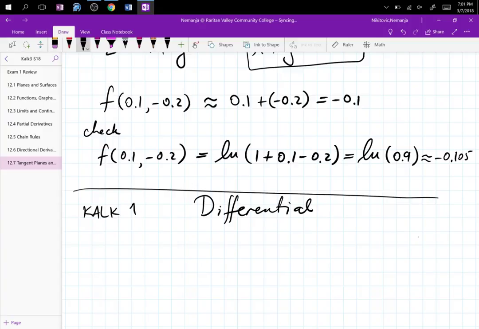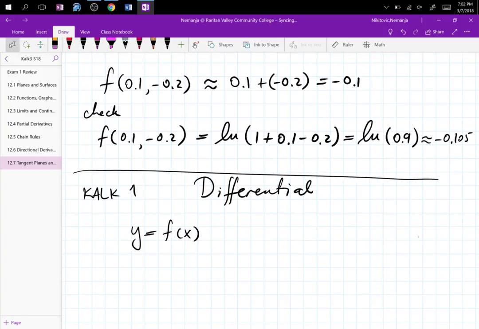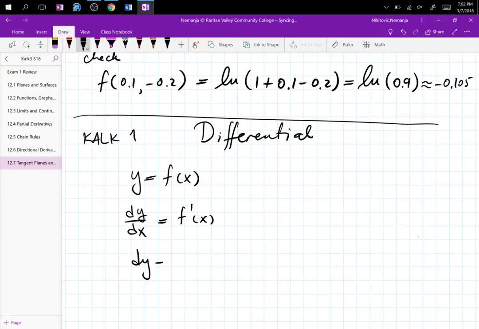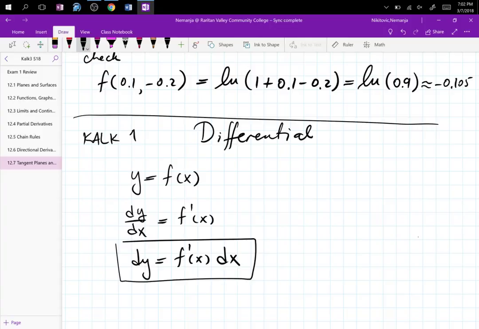So what we do is we first write y is equal to f of x, which is the pre-calculus part, and then we take the derivative of the whole thing, and we have dy/dx, which is Leibniz notation, equal to f prime of x, which is approximately Newton's notation. Newton had y with a dot on top, so that dot migrated into a prime and then eventually f prime. So it's a progression in notation. Anyway, then you have dy is equal to f prime of x dx, and you have your differential formula.